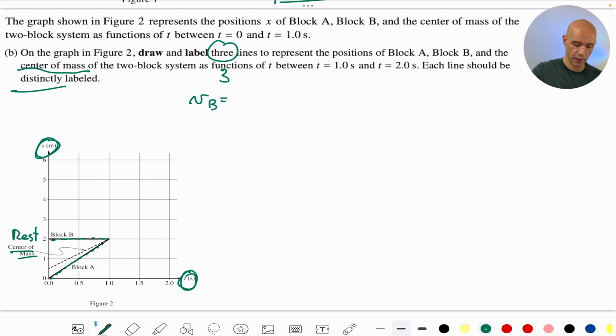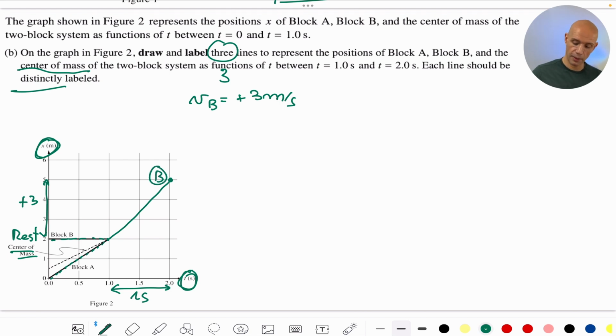Because we know that the speed is 3 meters per second. So we know that after 1 second, so look at that, this is 1 second here, it's going to go up by 3 meters. So 3 meters here, plus 3. So it's going to end up here, right? So this is going to be block B, or let's say, B, block B.